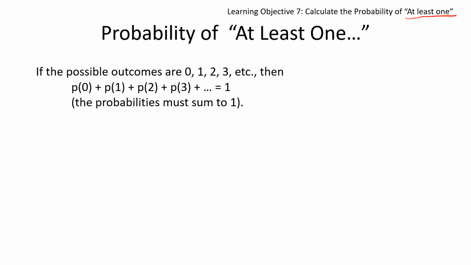Well, what if we said, what's the probability of drawing at least one ace if we draw 3 cards? Or let's say, what's the probability of drawing at least one red card if we draw 3 cards? So you draw 3 cards, at least one red card.